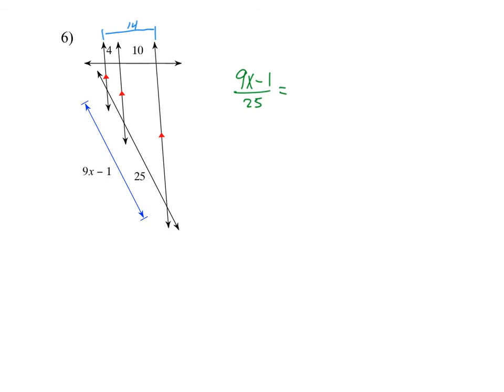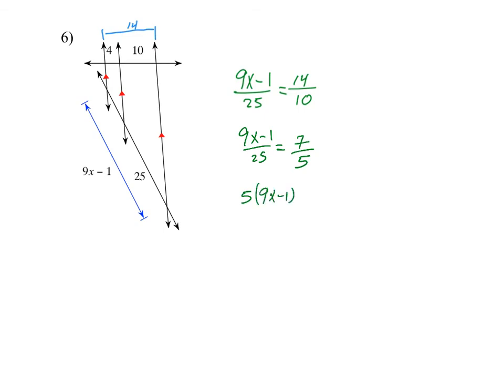So 14 is to 10. Why? Because I'm starting with the big segment, the whole segment right there, over 25. So it's 14 over 10. I'm going to start by simplifying that fraction, so 7 over 5, and I'm just going to cross multiply.